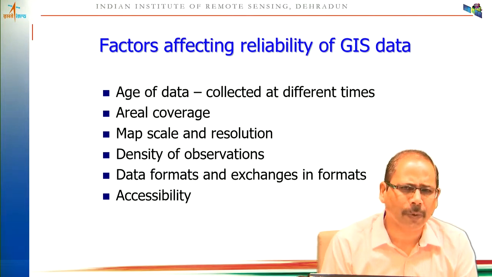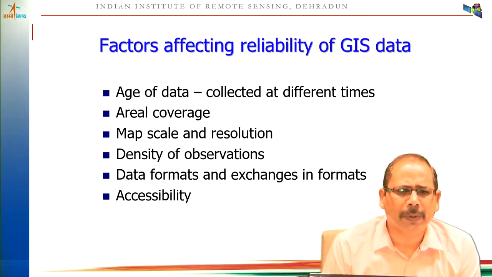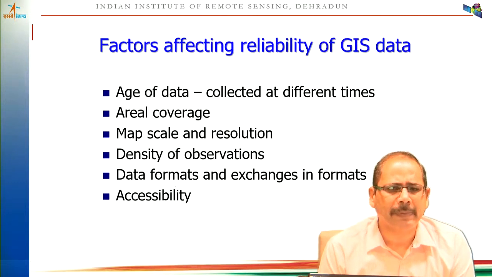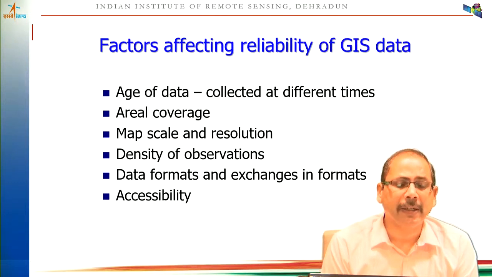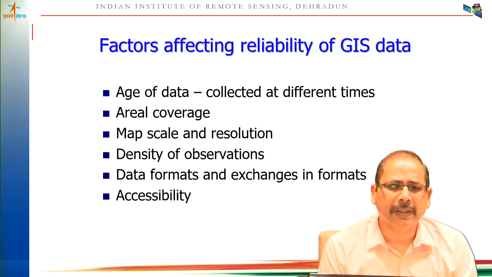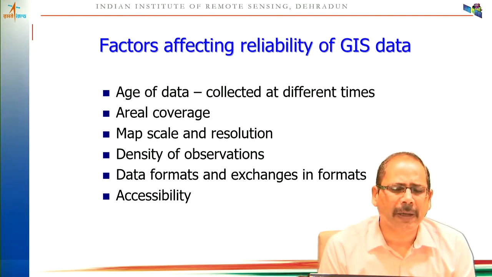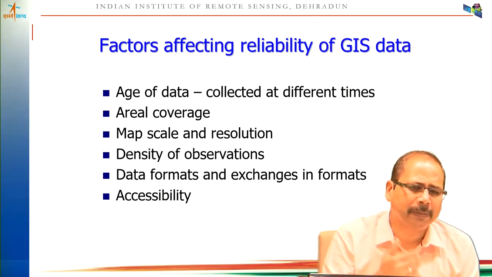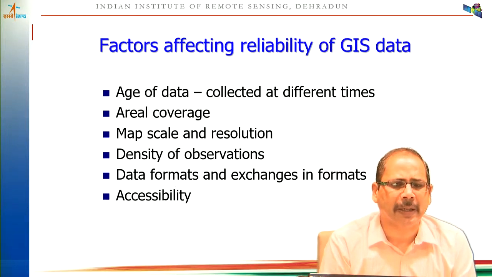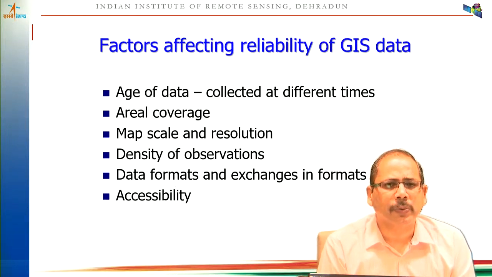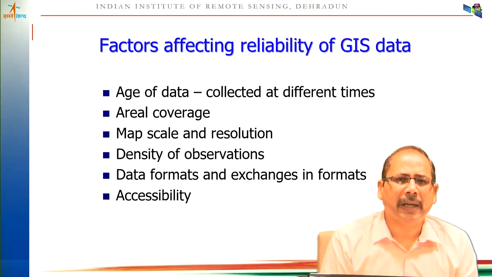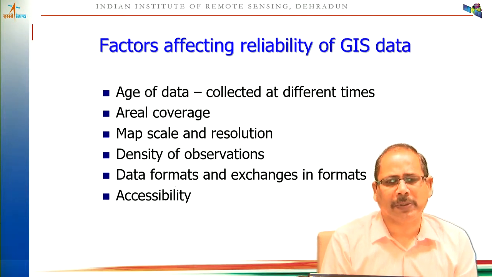These are a few factors, I will quickly go through: age of the data, areal coverage, map scale and resolution, density of observations, data formats, exchange formats, accessibility methods. These are some parameters. All parameters are self-explanatory, I am not going to explain each and every one. These are the parameters which affect the reliability of the geospatial data.